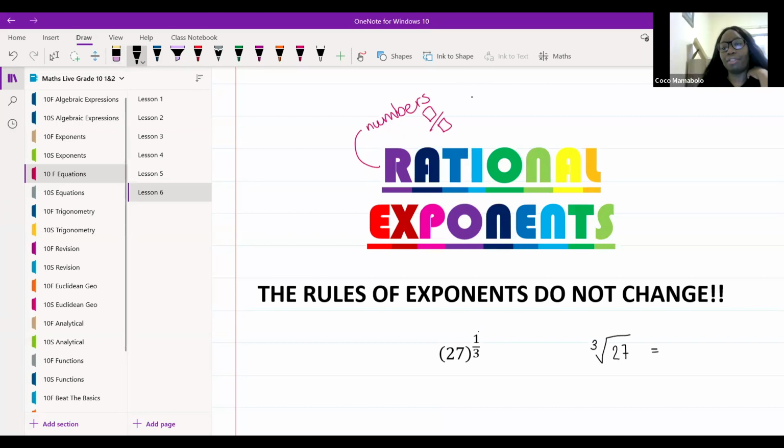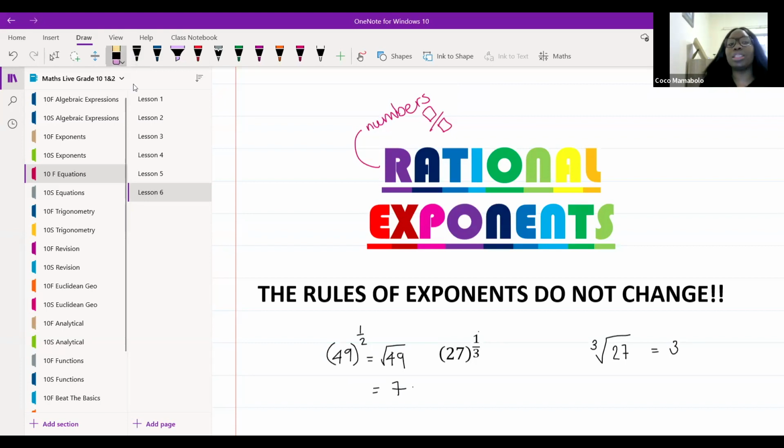So if I have, let's say, for instance, 49 to the power of 1/2, that is exactly the same as the what root? What kind of root would I be looking for here? The square root. Absolutely, the square root of 49, right? And we can find the answers for both of these. The square root of 49 is 7, and the cube root of 27 is 3.